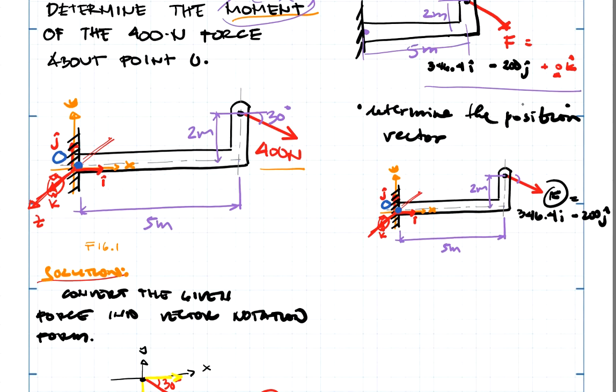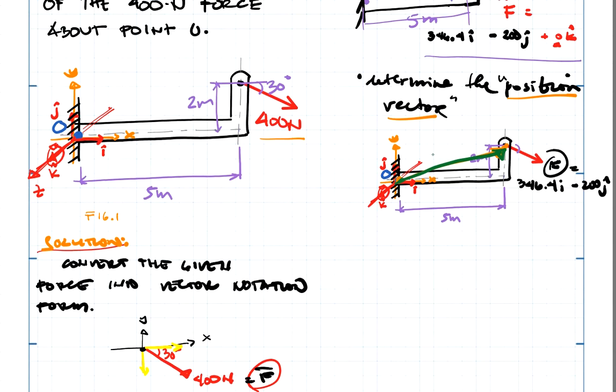We need to find the position vector, wherein the position vector is just the vector representation from the origin or the point of rotation, from point O up to the position of your force. Since our force is here, our position vector is from this origin up to this point. Just imagine that my drawing is straight now.